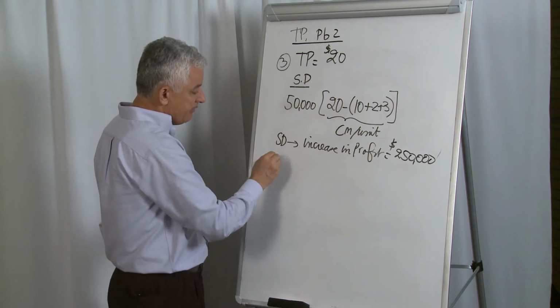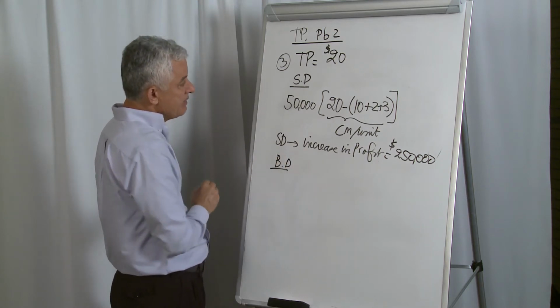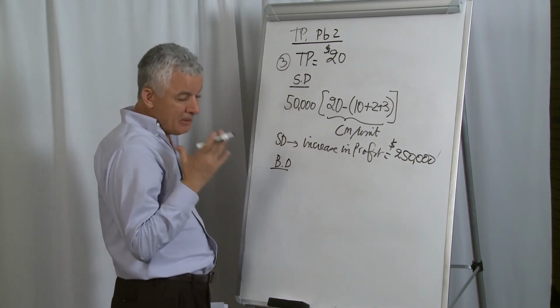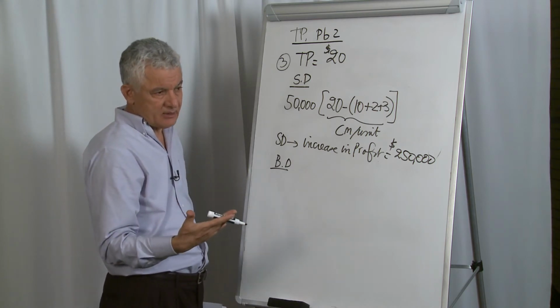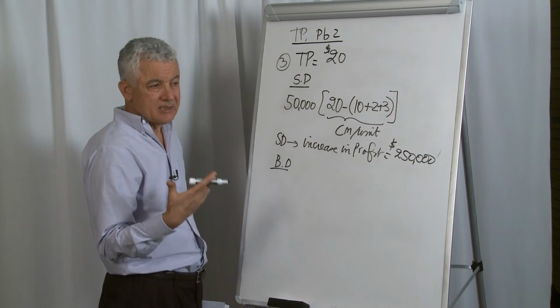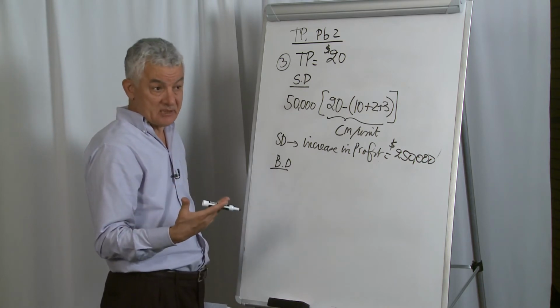Let's look at the buying division, BD. What will be the impact on the BD? Remember that the buying division is currently acquiring it at $28 a piece.